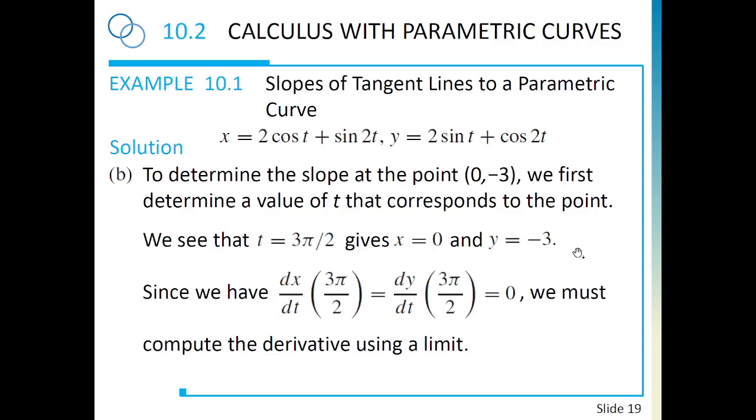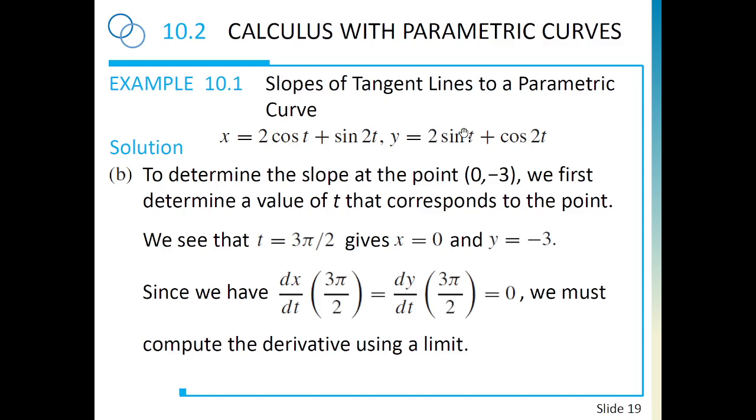Now, for the second question, we need to find the slope at the point (0, -3). So the first task is to find the values of time when the curve passes by the point (0, -3). So we need to find t such that x is 0 and at the same moment y is -3.